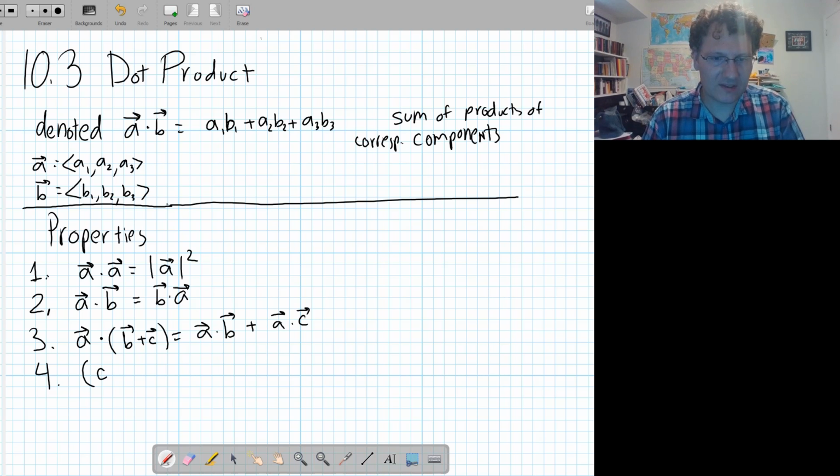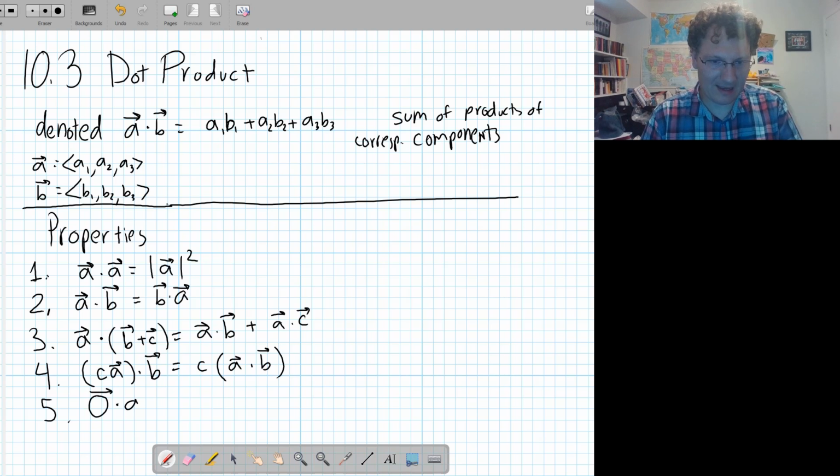So if you have a scalar times a vector A, dot that with a vector B, this is the same as if you had the scalar times the dot product of A and B. And fifth property then is the dot product of the zero vector and any other vector is the zero vector.